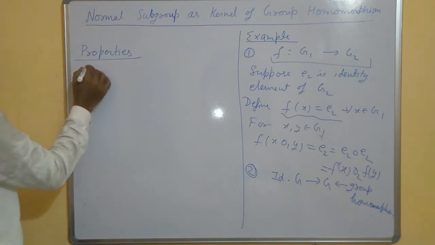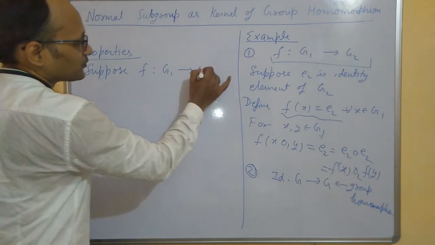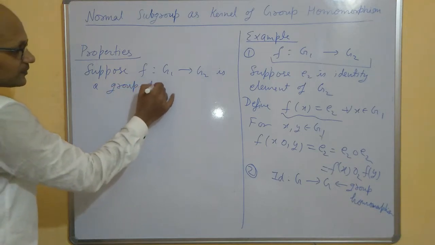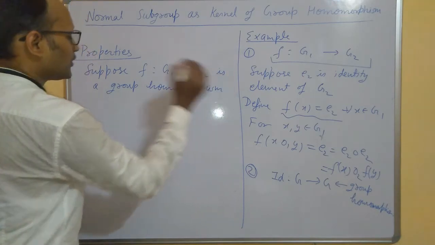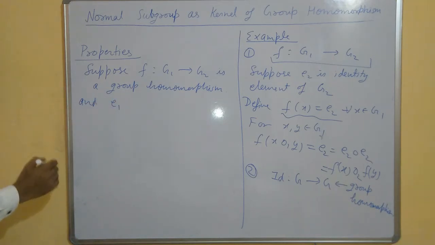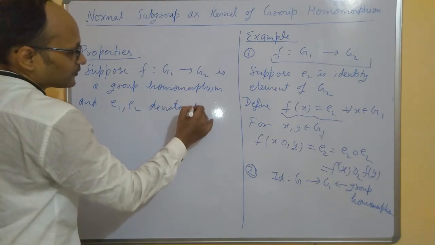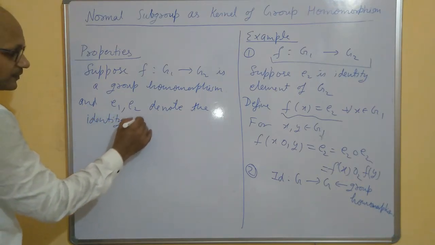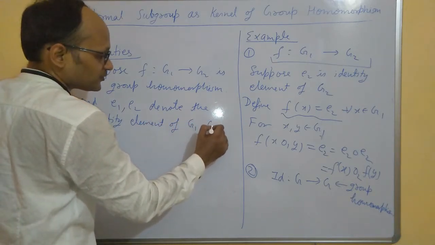Suppose f from G1 to G2 is a group homomorphism, and E1, E2 denote the identity elements of G1, G2 respectively.